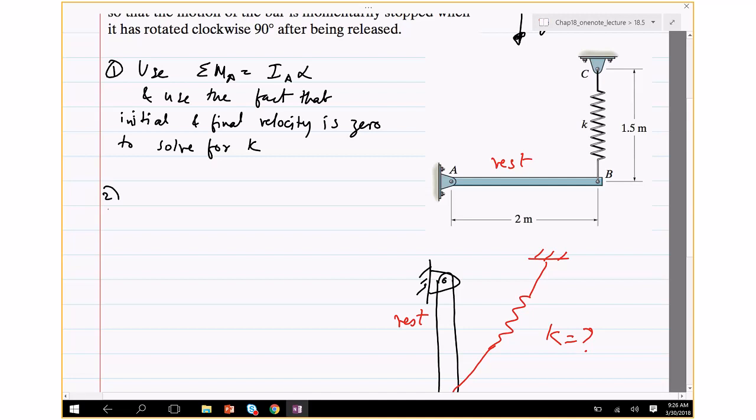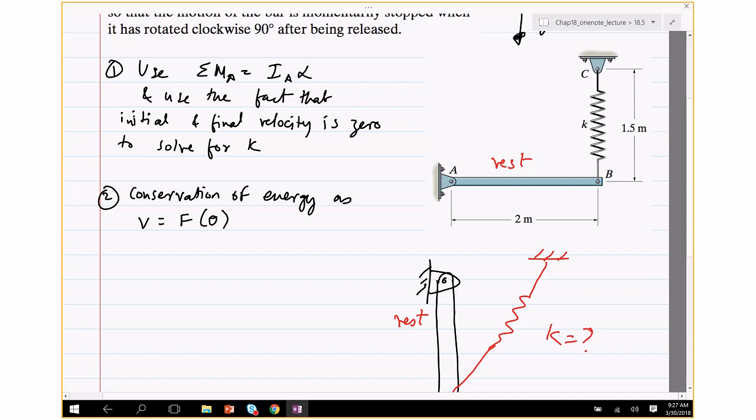The other method, and I can tell you that one will give you the answer, but it will involve computing an integral, while you could also use conservation of energy as v is a function of displacement. In this case, it's a function of theta.